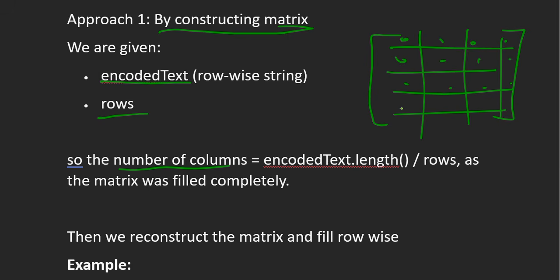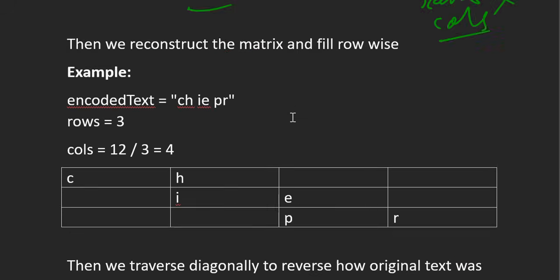So total length divided by number of rows will give us the number of columns. So we get the columns. Now we know rows, we know columns. So we make a matrix whose size is rows into columns, and then we fill this encoded text row wise in this matrix. Let's see an example.